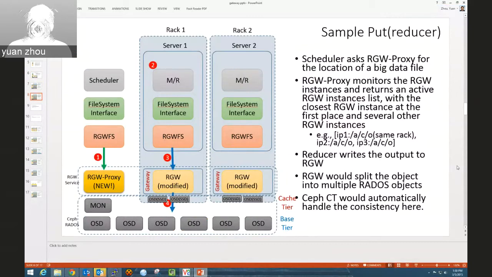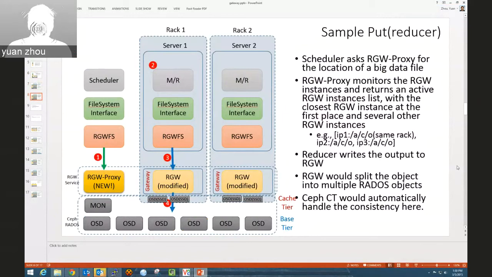The RGW proxy actually monitors these instances and then returns an active RGW instance list, in which the first one is the closest one, and the second and the third, which should be configurable by the user, can actually be some other Rados gateway instances.